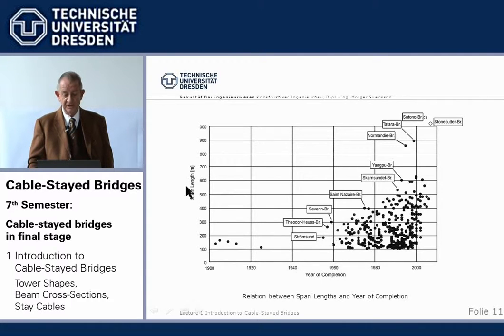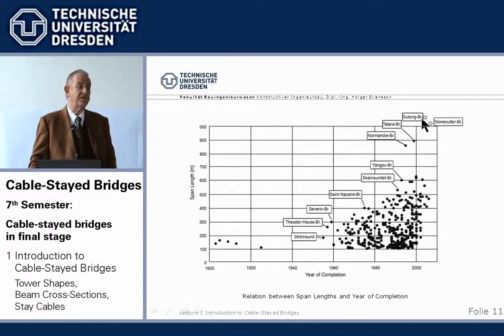You see here the main span. The spans developed in a rather straight line, or you could even see an exponential function. The majority is in the range between 100 and 400 meters. But we are now up with Sutong and Stonecutter well beyond 1,000 meters.